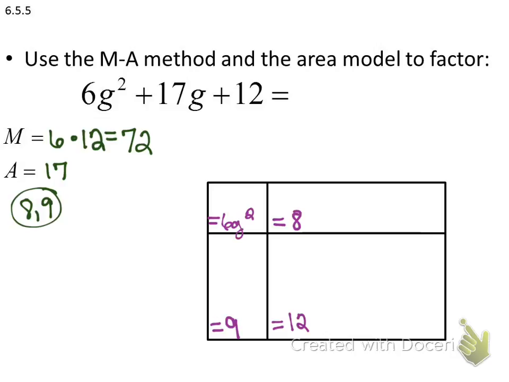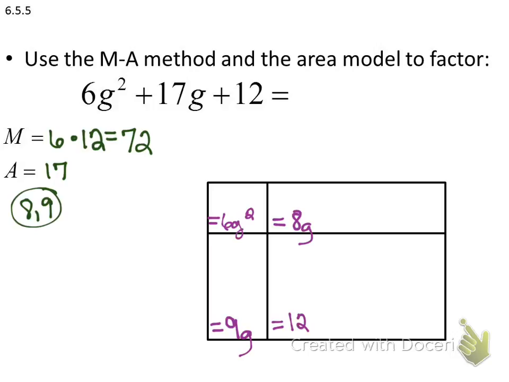What variable do 8 and 9 need in order to equal 17g when you add them together? If I take 8 plus 9, I just get 17, right? But I need to get 17g. Yeah, I'm going to just put a g on the back. All right, that was step 3.